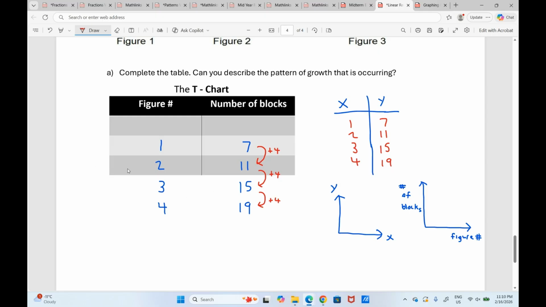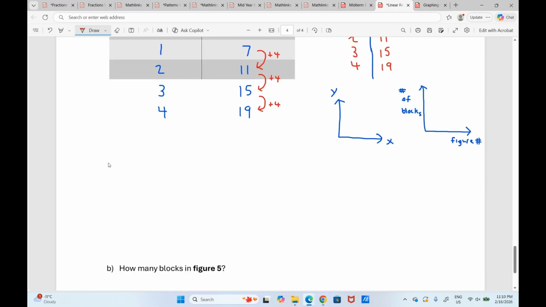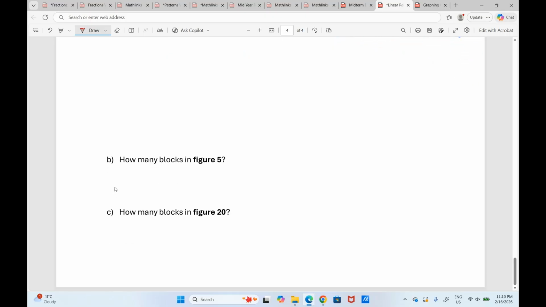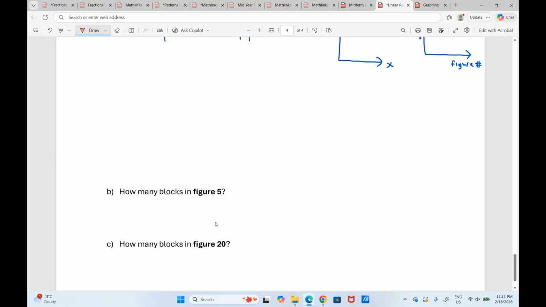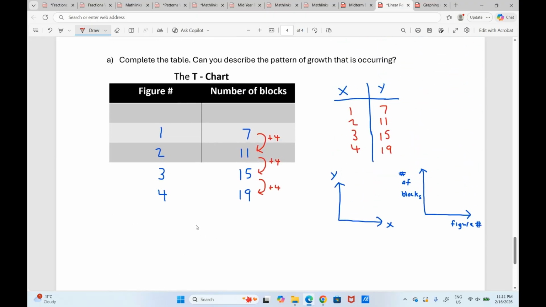Okay, great. So aside from that, I have 2 questions here to answer. How many blocks would there be in figure 5, and how many blocks would there be in figure 20? To answer these questions, I'm actually going to create an equation instead of just answering from the table. Now, if I were to answer from the table, figure 4 has 19 blocks. That means figure 5 should have 19 plus 4, which is 23 blocks.